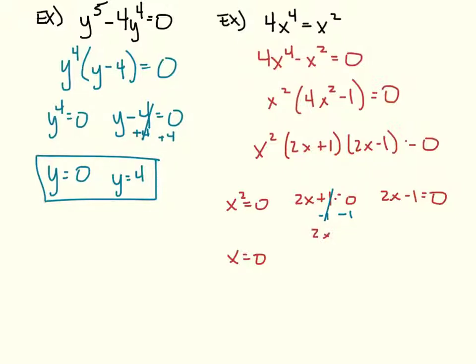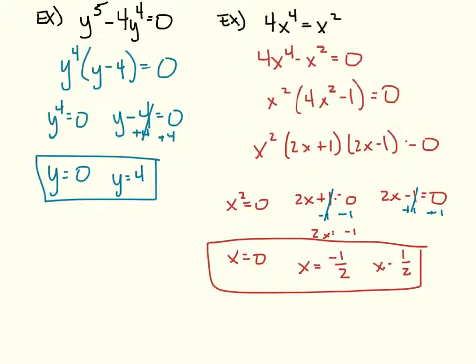So 2x equals negative 1, divide by 2, and I get x equals negative 1/2. Doing the same thing for 2x minus 1, adding 1 and dividing by 2, x equals positive 1/2. So if I were to graph 4x to the 4th minus x squared, I would see that it has x-intercepts at 0, negative 1/2, and positive 1/2.